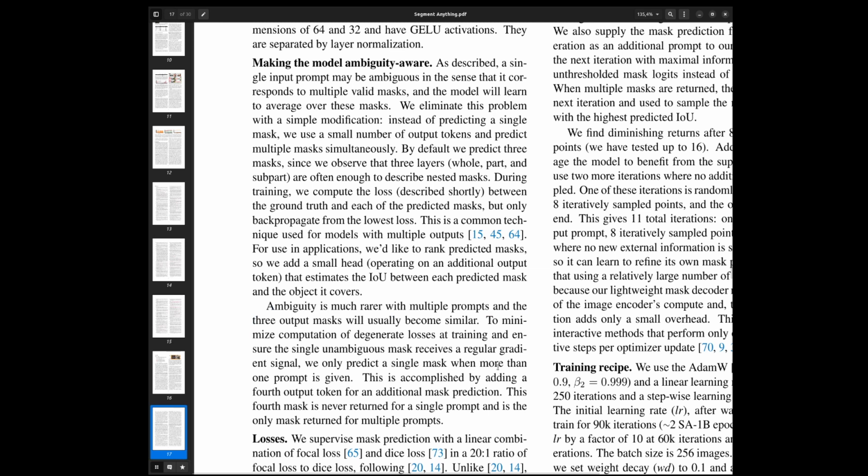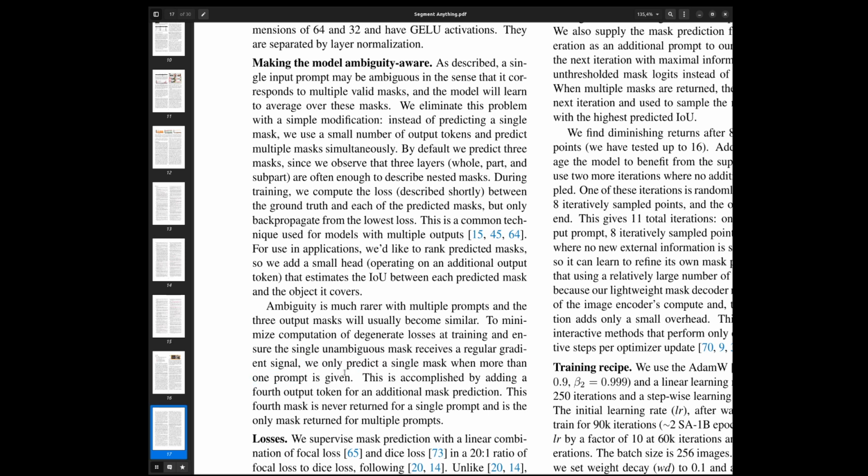So what I saw is, when you prompt it with a bounding box, you will get three masks, and they usually are very close to each other. Here you see it predicts a single mask when more than one prompt is given. So if you give more than one prompt, you're going to have one mask.